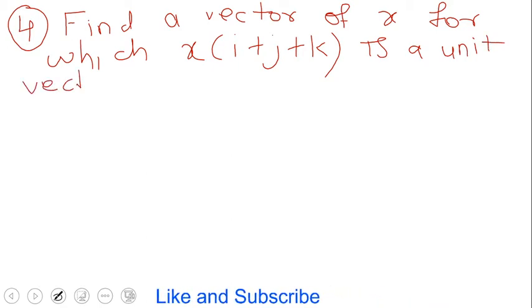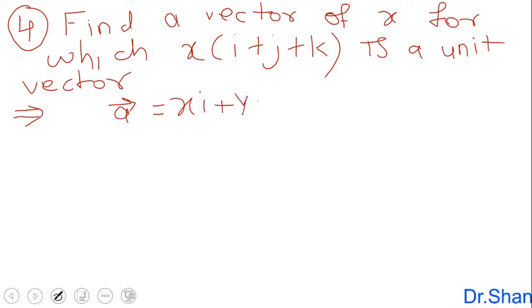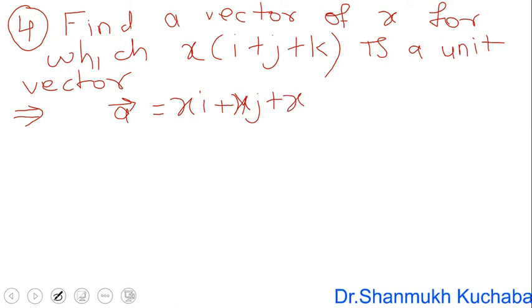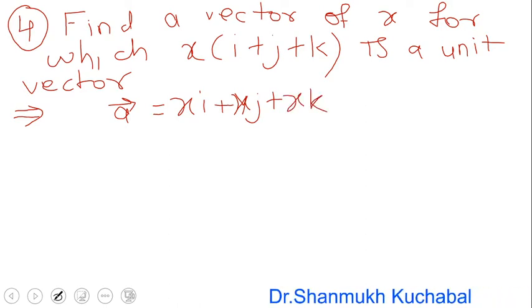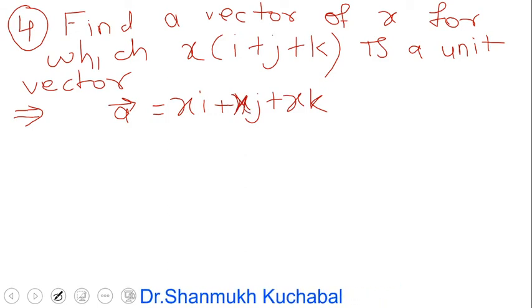Then the given vector is vector A equal to xi plus xj plus xk.